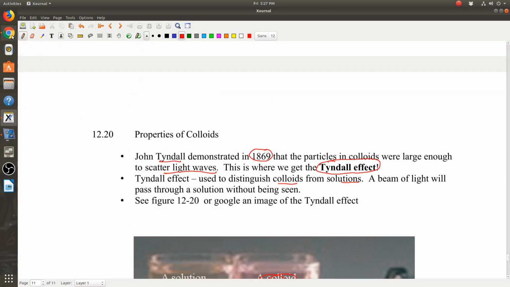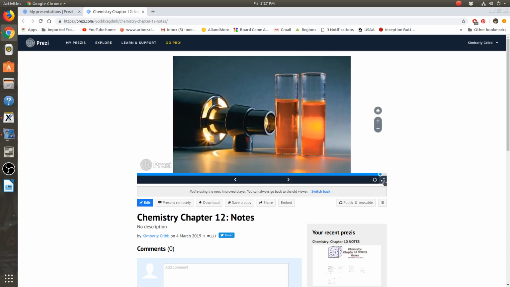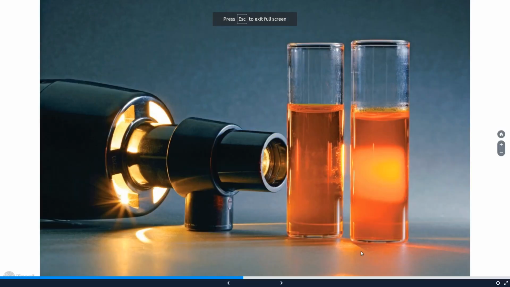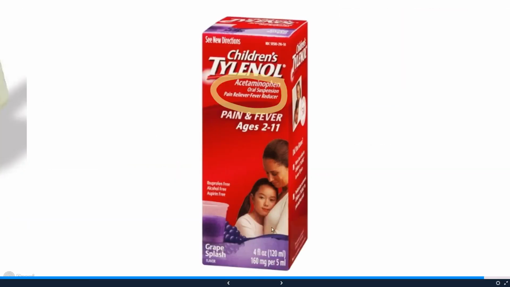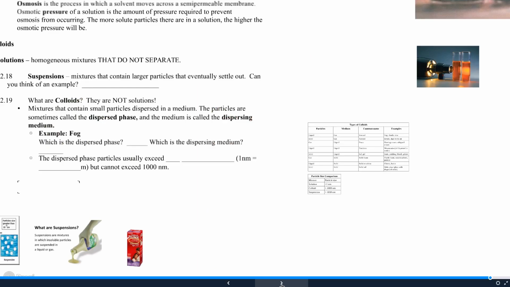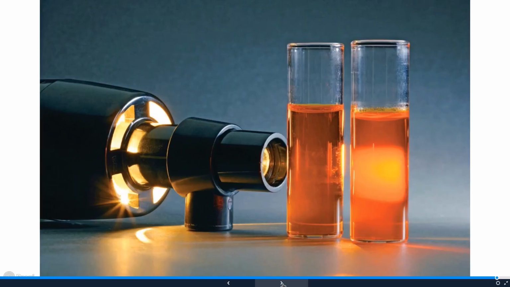So let's go back to the Prezi, and I'll give you another example. This one's just a little more clear. The one before that is the one you have in your notes. Whoops, too far. So that one right there, that's the one you have in your notes, but there's another example I think is just better. It's a clearer picture. Again, see here, we're sending light.